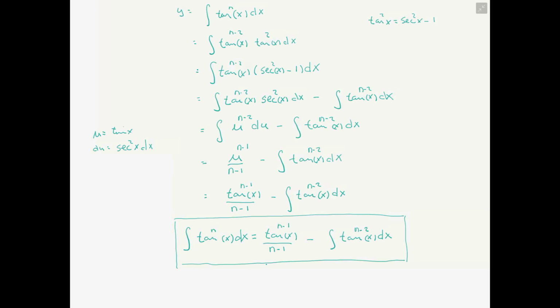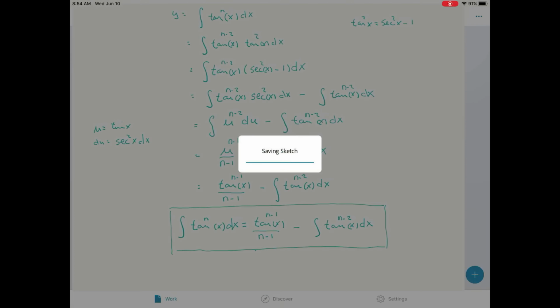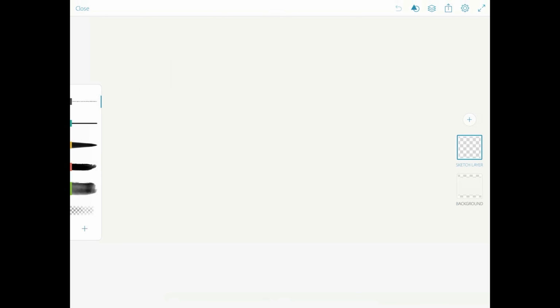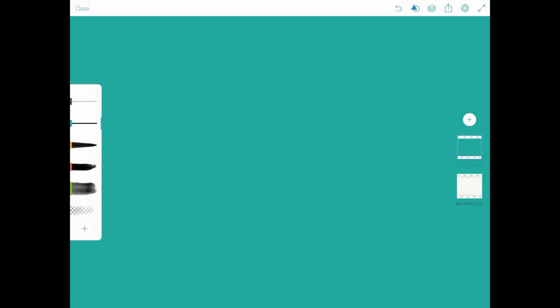The exact solution for the integral of tangent n x dx. I gotta make this correct. I forget the dx sometimes. So this is pretty cool.